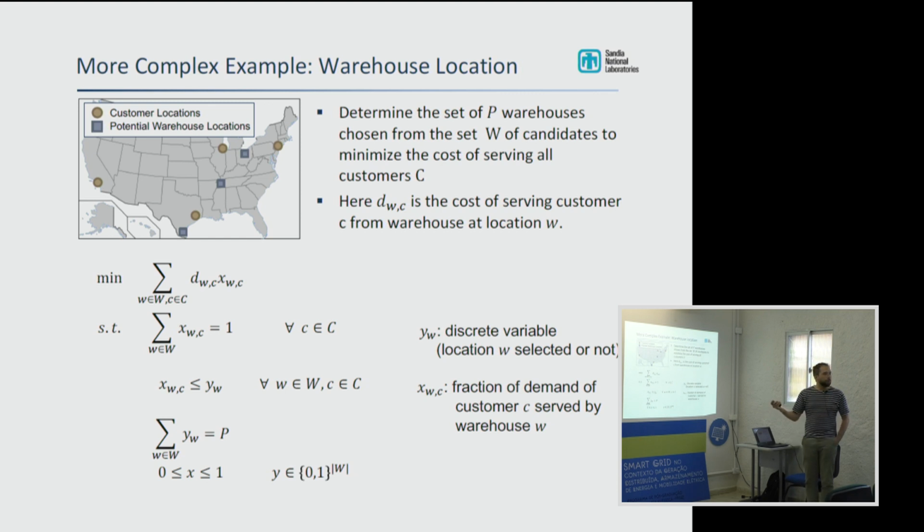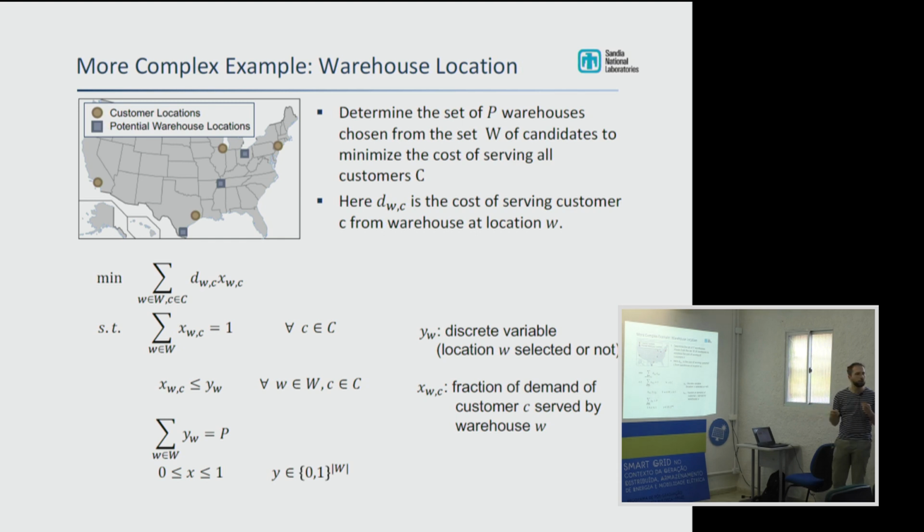So the objective function is actually the sum of the cost multiplied by x, which is the fraction of the demand of each consumer. What does it mean? If we put a warehouse here, this warehouse will be able to serve this one, but also this one, and this one, and this one.